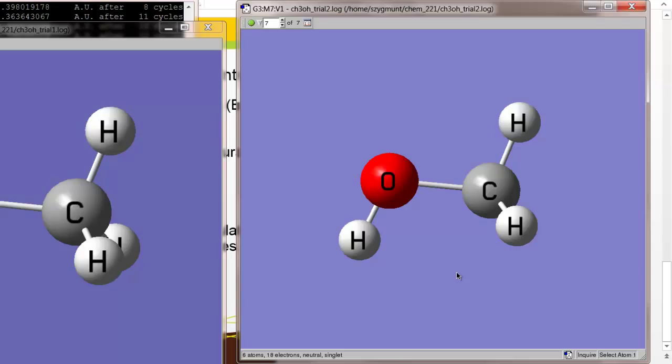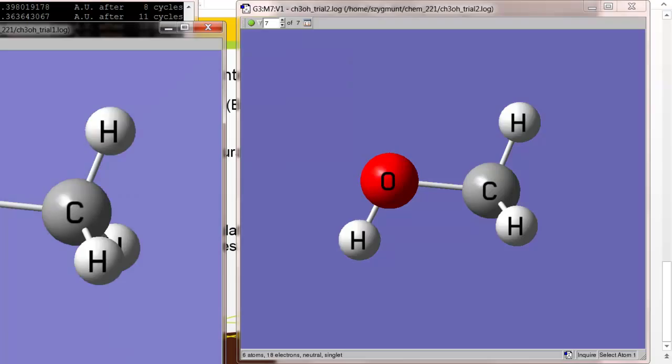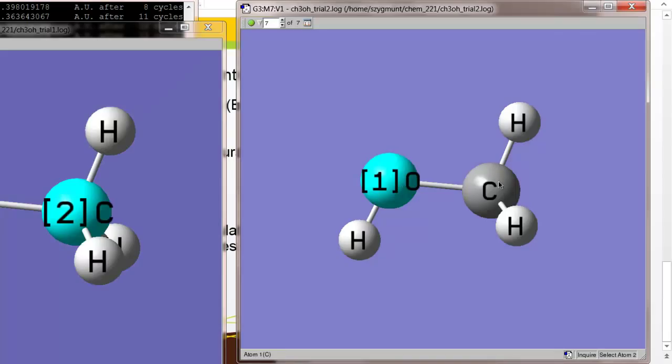Realize that the calculations that Gaussian does are based on approximations, and so though we may solve the equations very accurately, the equations themselves are based on approximations to physical reality. And so that CO distance that we calculate for methanol using this particular level of theory is not going to agree exactly with what we find in nature when we do a careful experiment.